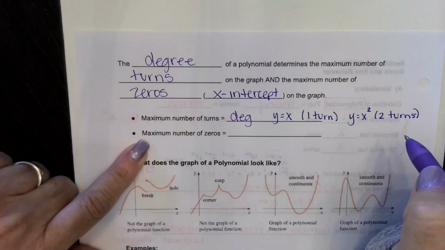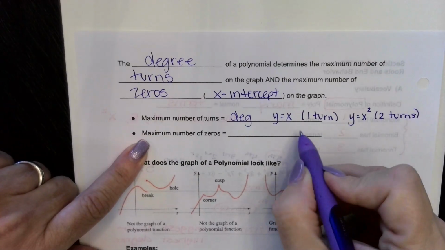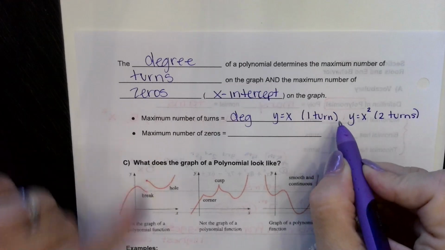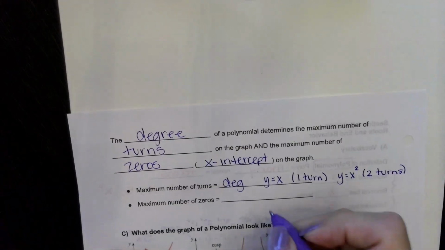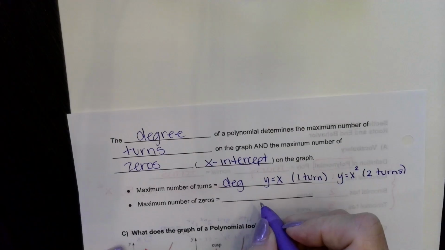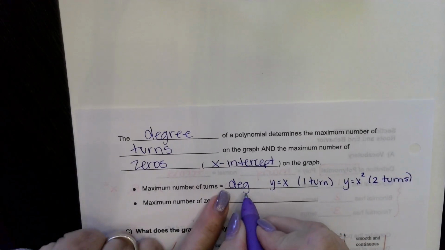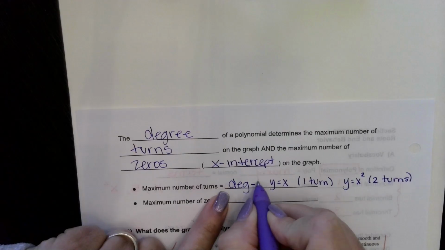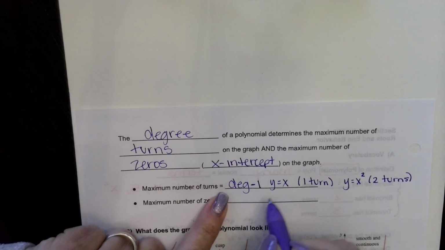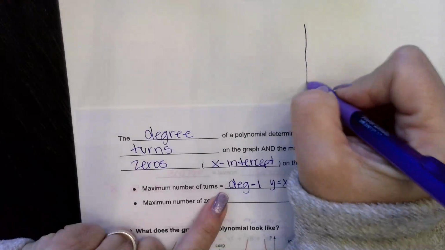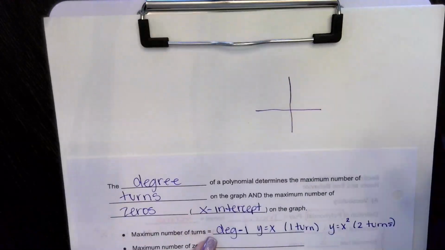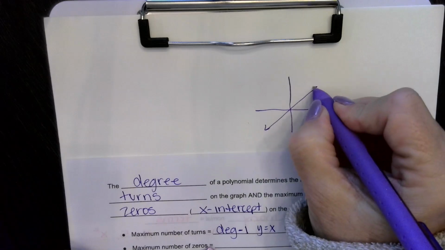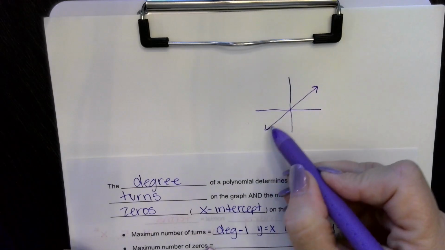Okay, now what this tells me is that with this degree, it looks like this. In fact, let me change this up a little bit. So this is actually going to be the degree minus 1. That's how many turns I'm going to have. And so what happens is, if I have a graph that looks like this, I don't turn, right?